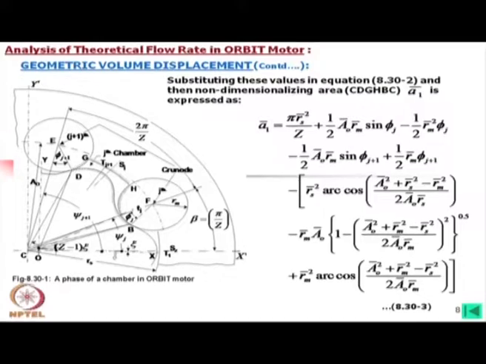Capital R 0 is the radius of the centroid, the bigger centroid, the centroid for the envelope.